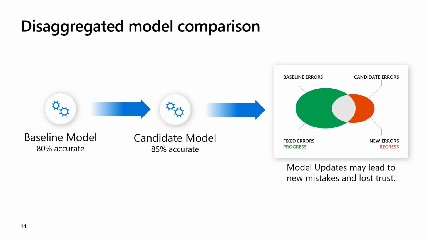Ideally, it is preferable that the red region becomes as small as possible so that we do not lose user trust. We also want that this performance, if it declines or regresses, and sometimes this is unavoidable, should not affect some cohorts more than others.